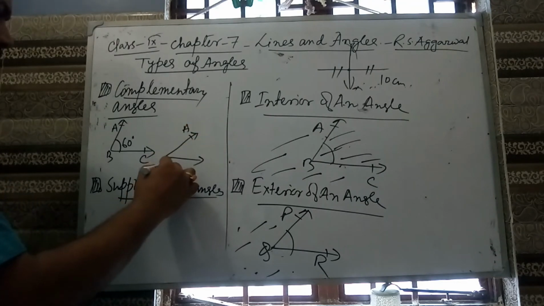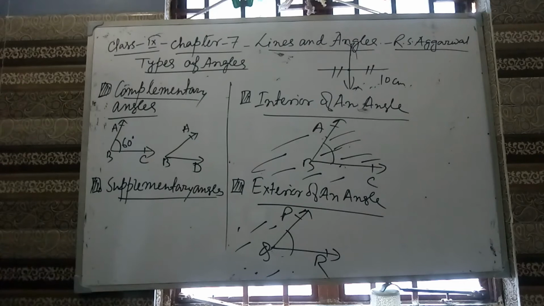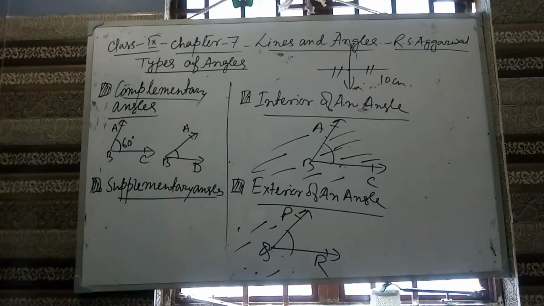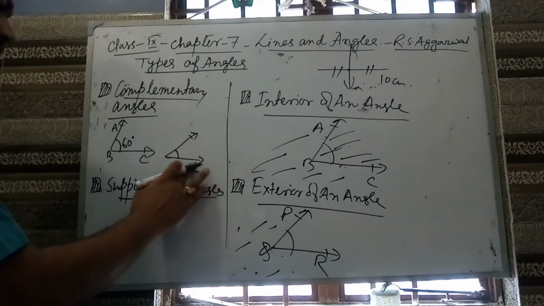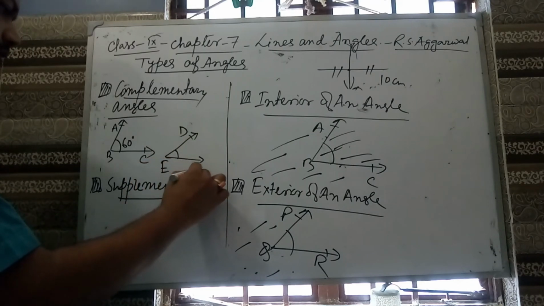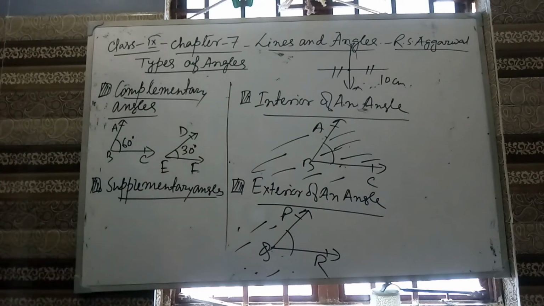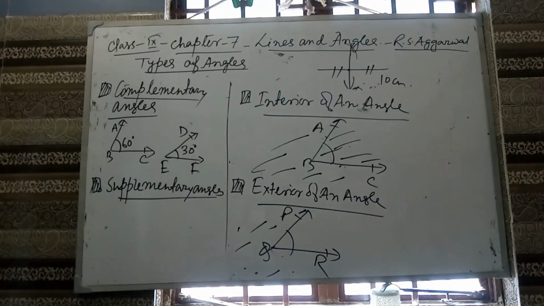If we consider another angle ABD, or you can take any other names, if you take DEF, then if this angle measures 30 degree, 60 degree, 30 degree, then these two angles are called complementary angles.